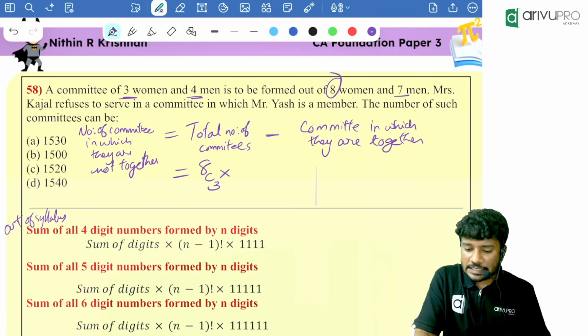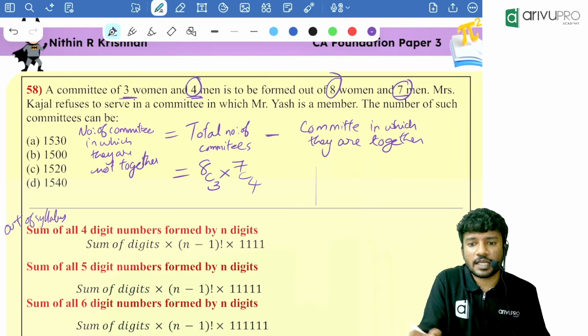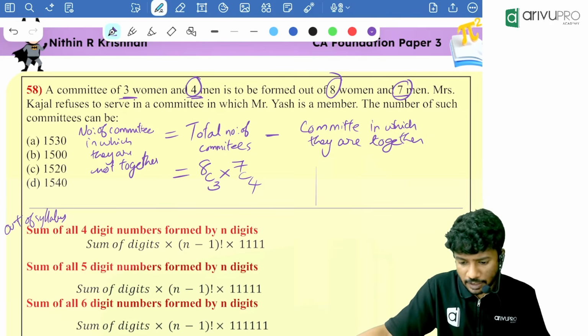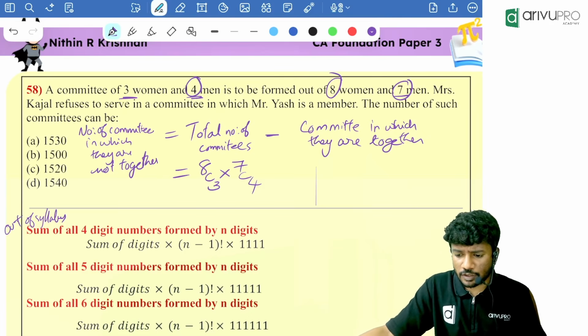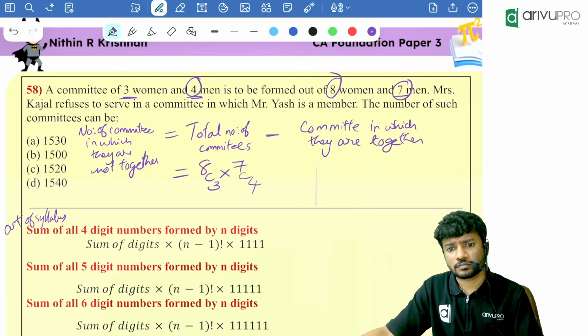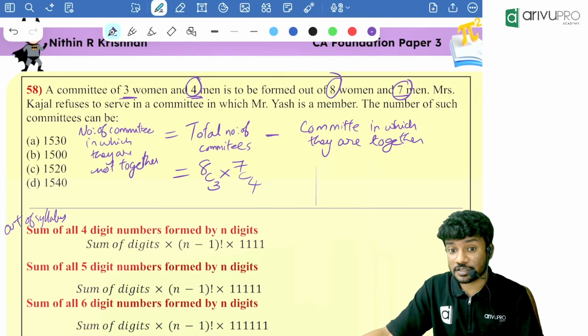And 4 men can be chosen from 7 men, 7C4. That is the total selection, right? Any doubt in that? Please confirm, because I am just testing you guys out.